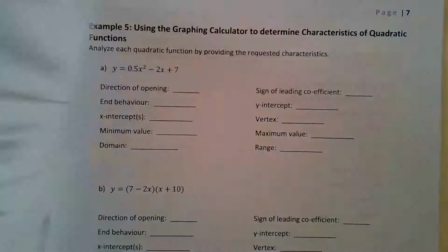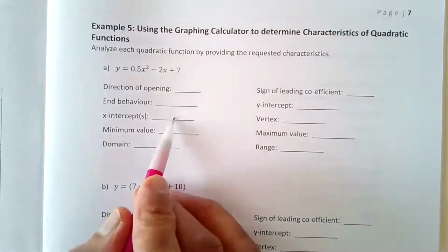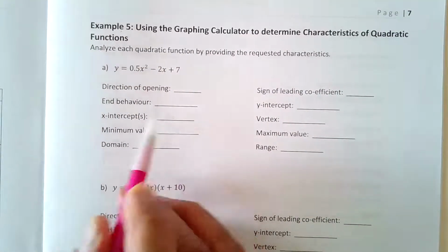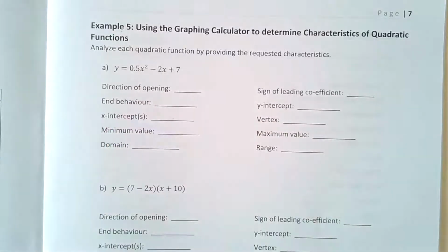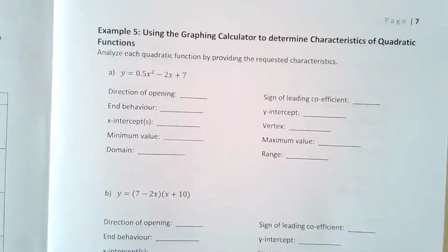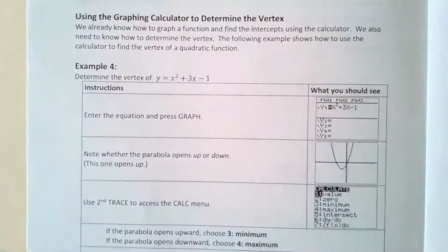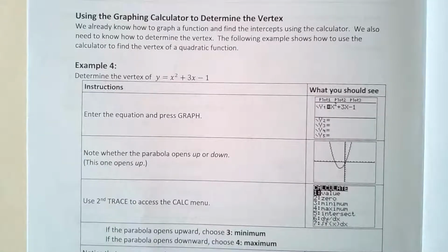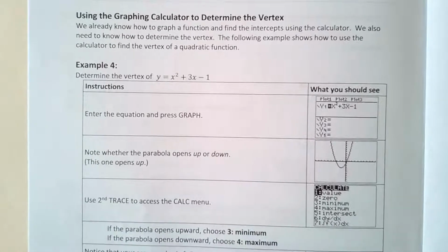So how do we use our calculator to graph a quadratic? That's on page 6. So we'll start today, and then I'll show you how to use Desmos to derive your graph of a quadratic function.